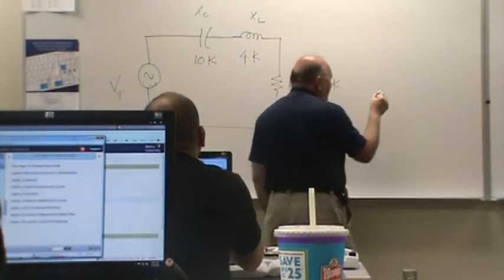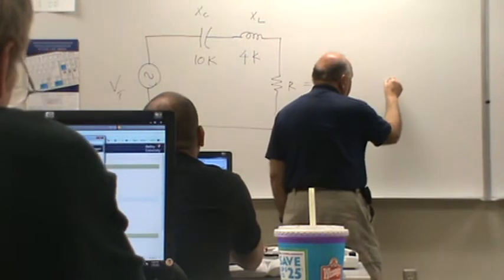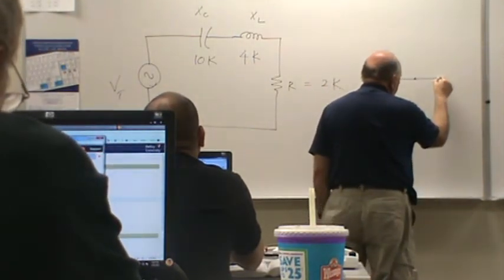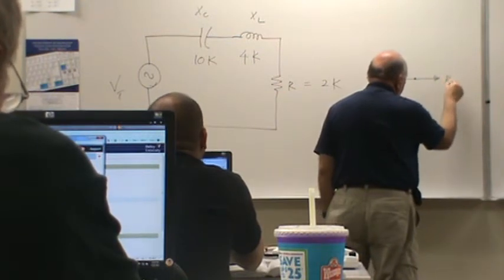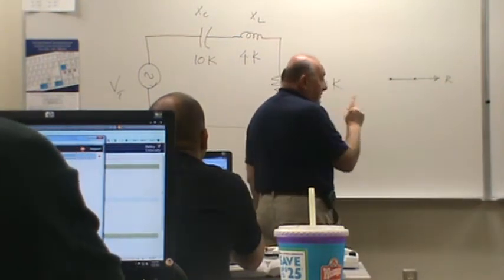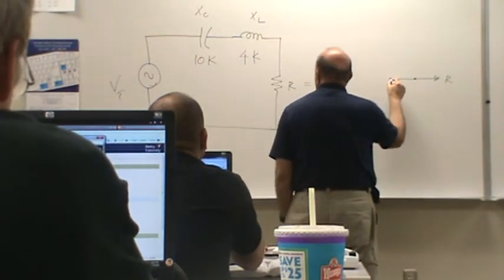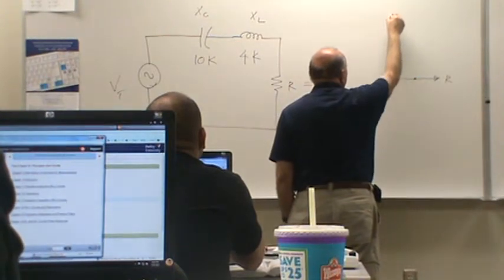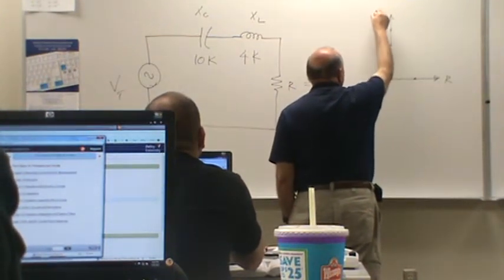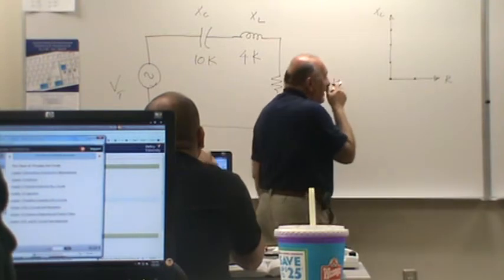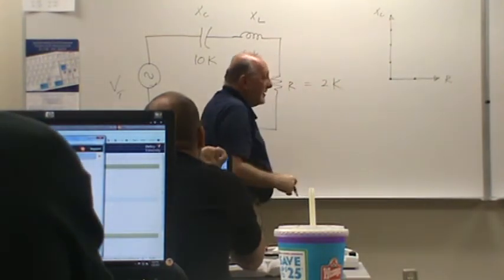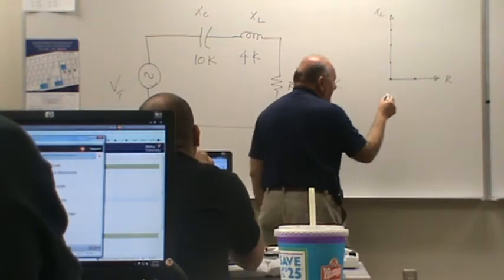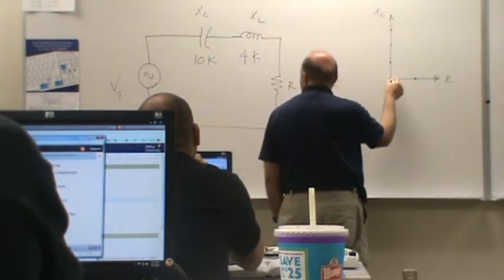So I'm going to draw the phasor. The resistor, voltage and current are in phase. So that's the resistor right there. If you remember, X of L was going upward. So here we have X of L is 4. 1, 2, 3, 4. That's X of L. E leads I. X of C, however, the current in this case falls below, and it's going to be 10.